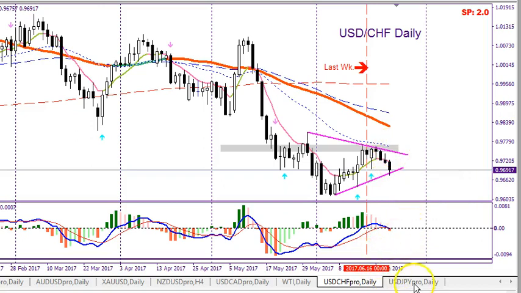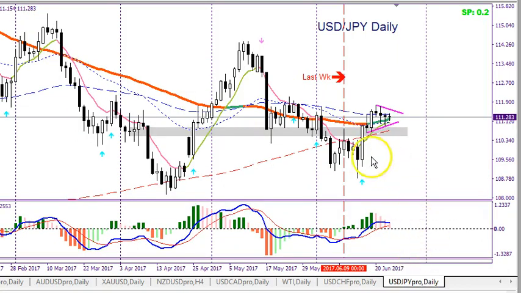And our final pair, the US Japanese yen, again sideways. However, this is what's called a bullish flag pattern. I'll show you the actual pattern. So here's the flag pole, here's the flag right there.